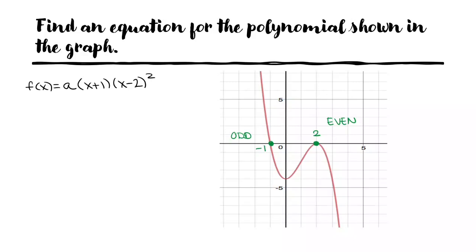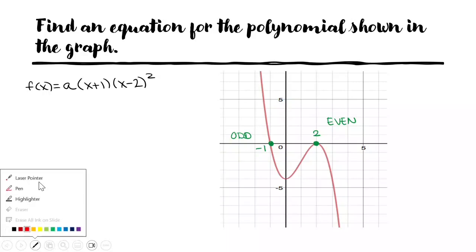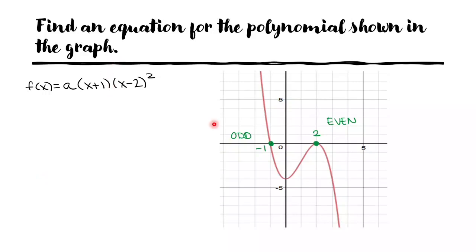So my polynomial has to be of the form f of x equals a times x plus 1. So this factor of x plus 1 is going to give me my 0 of x equals negative 1. I'm choosing an exponent of 1 so that I have an odd multiplicity.